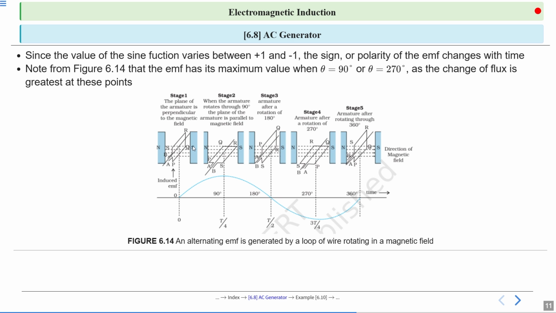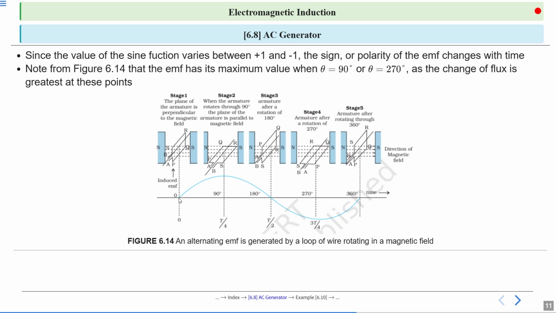The angle between the magnetic field and the area vector will be 0 degrees. So theta is 0 degrees, sine 0 degrees is 0, so EMF will be 0.